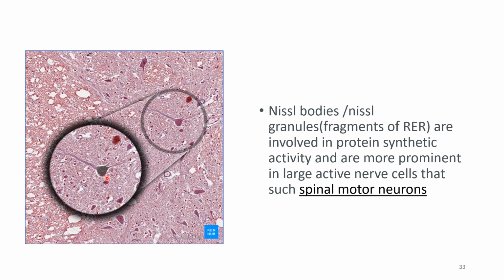You see, this is the Nissl body, which is involved in protein synthesis, and these are more present in the large active neurons such as spinal motor neurons. You can see more Nissl bodies or Nissl granules.